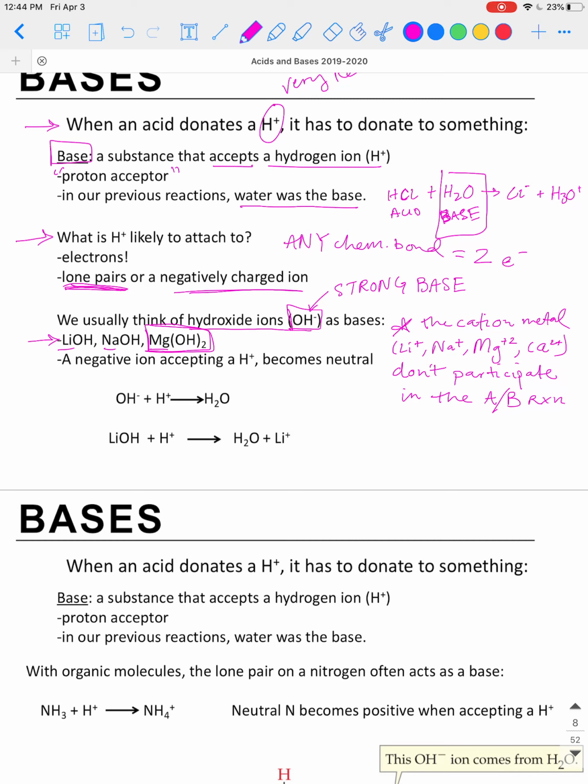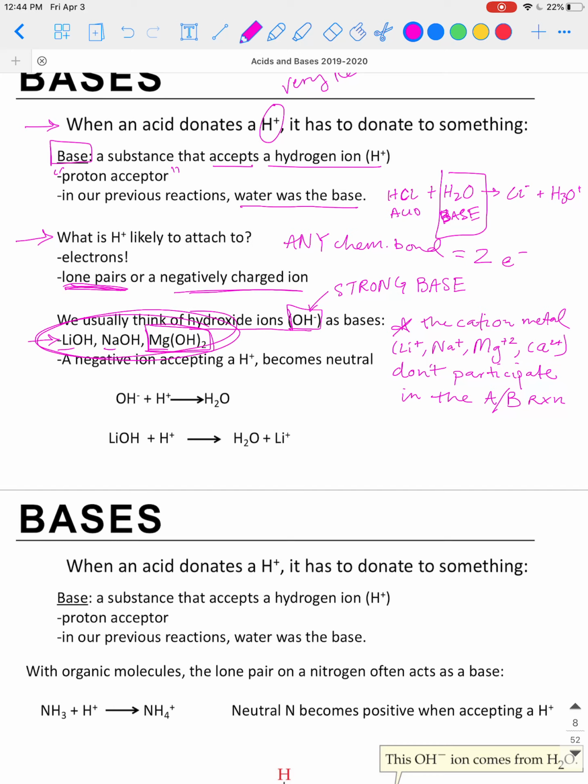I'm just going to abbreviate acid/base reaction. Okay, the cation metal, so many different examples, but they don't participate in the acid-base reaction. They're just kind of a placeholder. They're balancing out the negative charge on the OH minus. So they're part of the compound we call the base, but they're not actually the thing that's acting like a base.